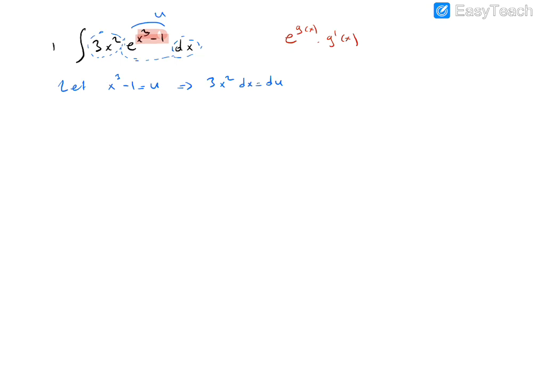So this integral I equals e to power u times du. And we know the integral of e to power u, which is e to power u plus c, and u is x cubed minus 1. So this is e to power x cubed minus 1 plus c.